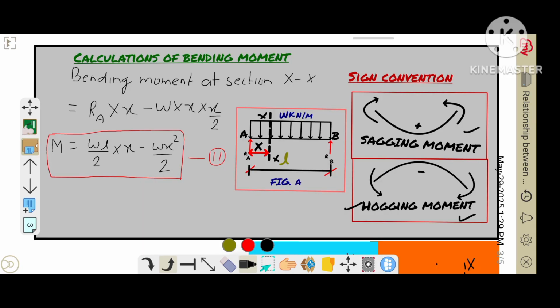Now let us calculate the bending moment at section XX. The sign convention for bending moment is shown in this figure. The sagging moment is taken as positive and the hogging moment is taken as negative. Using this sign convention, I am going to calculate the bending moment at section XX.